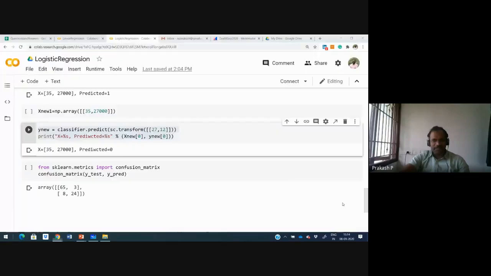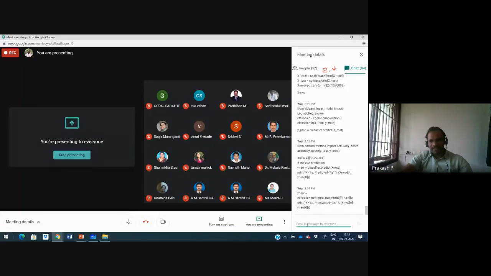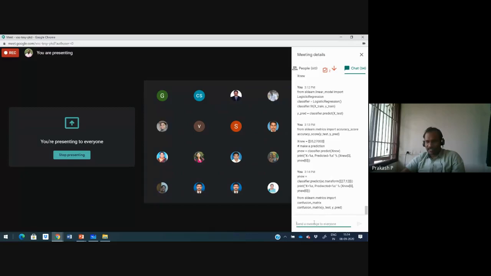There is another thing which is called the confusion matrix. I think there is a separate session for the performance analysis of a classification. The confusion matrix gives true positive, false negative, true negative. This plays a very major role in the performance analysis of a classification.